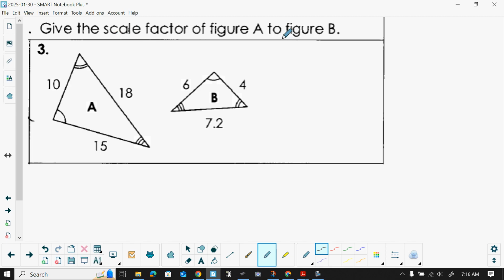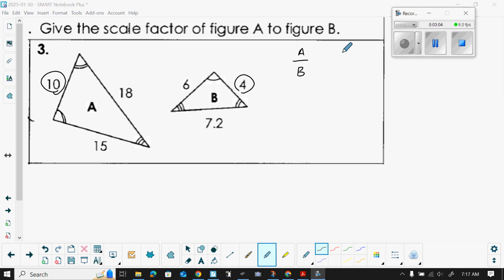Here's the scale factor of figure A to B. So we need to take a measurement from A and compare it to B. So A to B means we're going to go A to B. Okay, and it doesn't matter which one you pick. I'm going to pick this 10. Notice it's between the angle that has 1 and the one that has 2. This means that the 10 is going to be matched up with 4.